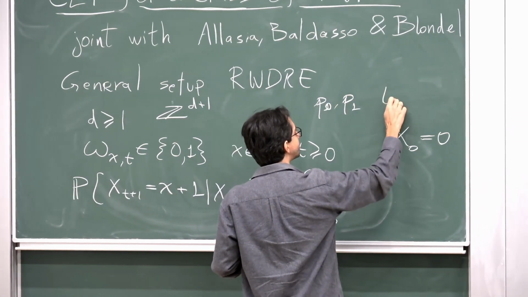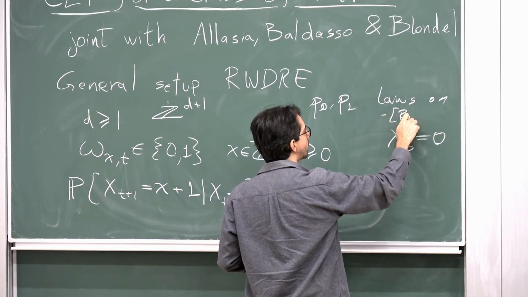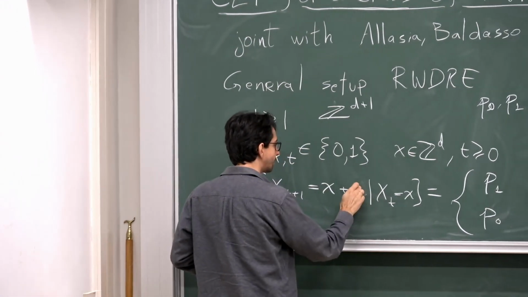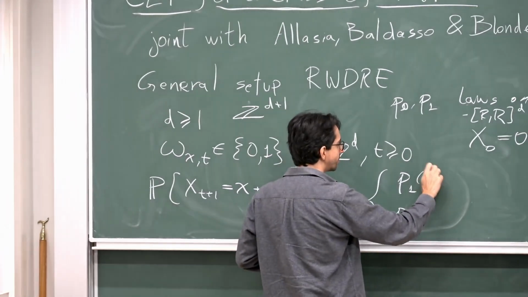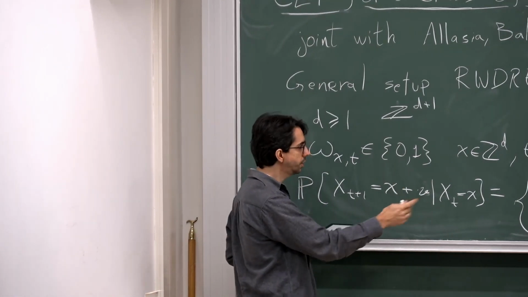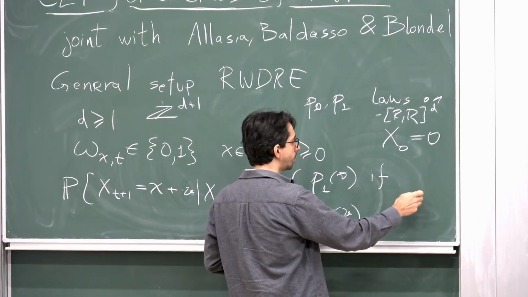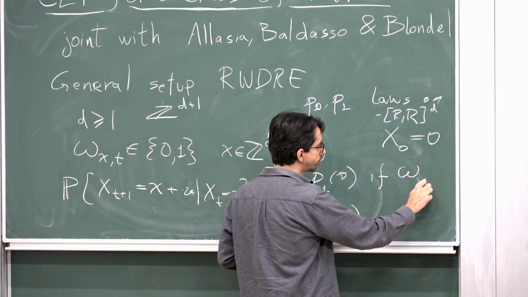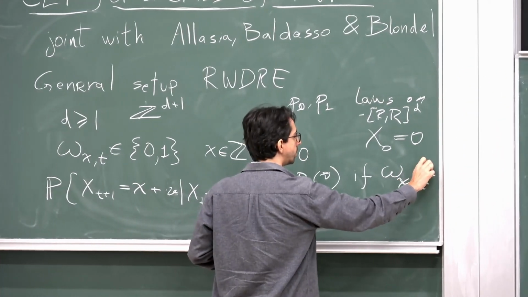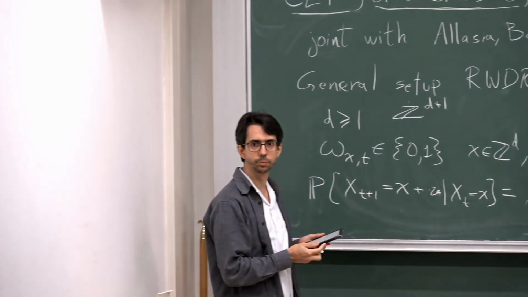P0 and P1 are laws on, and it can be even minus R to the D. So if you want to give a jump to direction V, you do this with probability P1 of V if your environment at the position you were before, which I'm now calling P to X, at time T was 1, and if it was 0, you use the distribution P0.